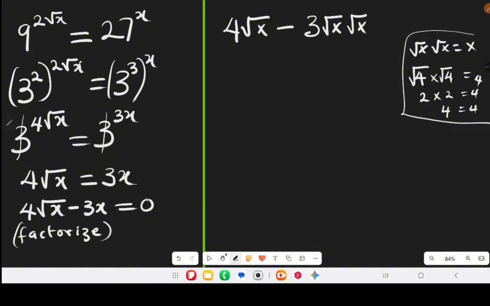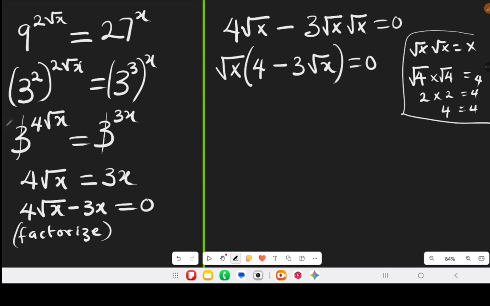That is, we factorize now. If we factorize, what is common? What is common is root x, into 4 minus 3 root x, equal to 0.